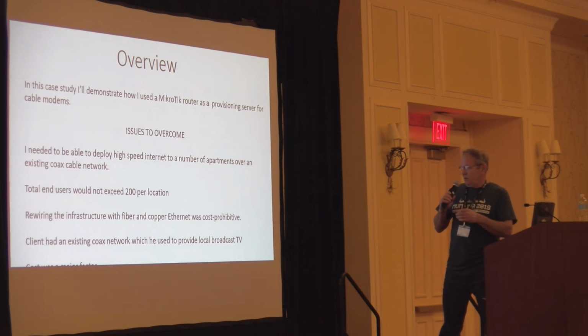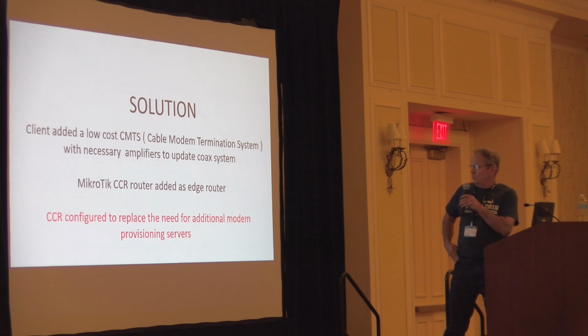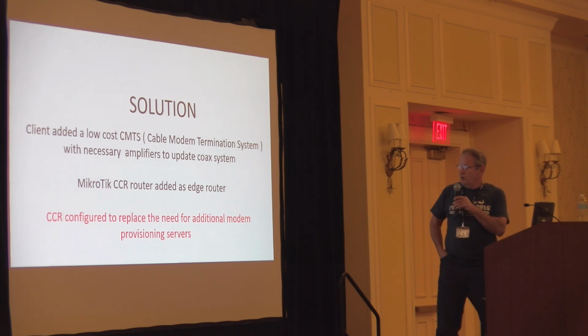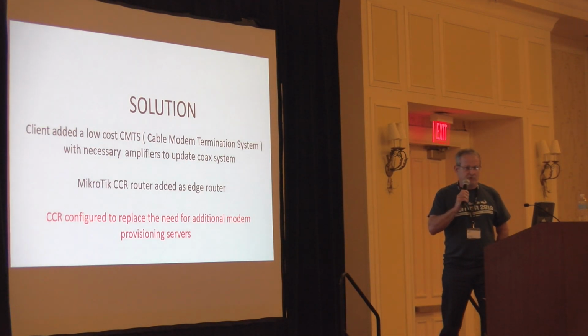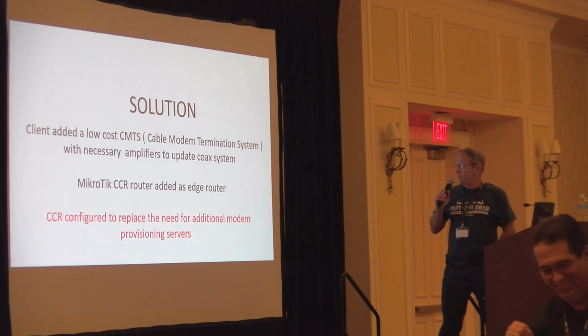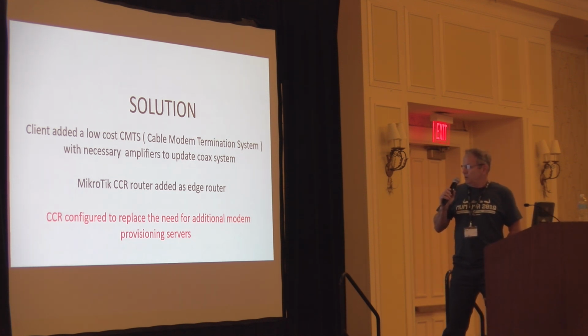And so we got to looking at it, and instead of rewiring everything, what we basically did was we added a low-cost CMTS, cable modem termination system, at the head end. He put some extra amplifiers in there for bidirectional stuff, and he was the cable guy. What I did was bring in a CCR router, an edge router, and some other stuff.